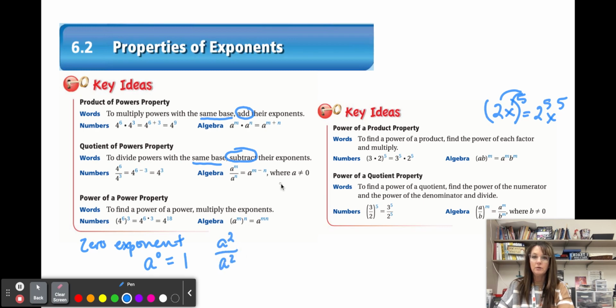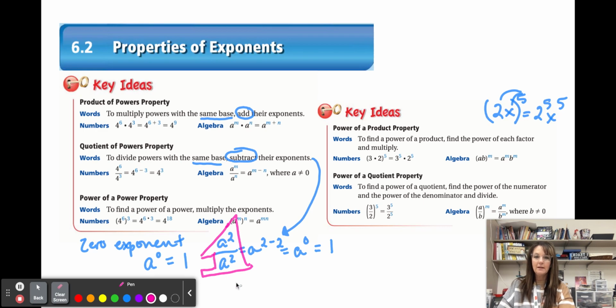We learned it in the quotient rule, so we're kind of borrowing it from down here. We would say that's equal to a to the 2 minus 2, which is a to the 0 power, but technically it's equal to 1. Can you see this fancy form of 1 that we have here? My drawing is not so great, but that's like a fraction equal to 1.